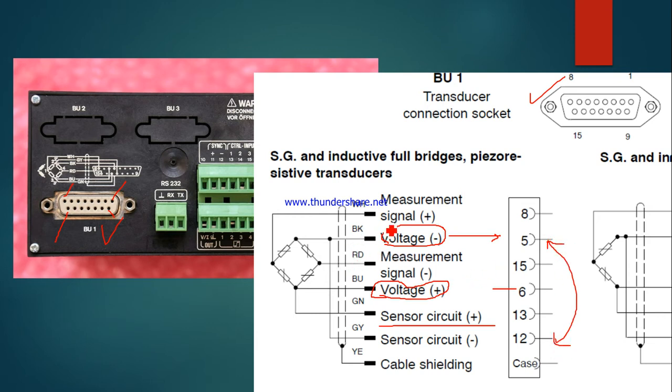And the output, you see the measurement signal, this will be in millivolt. The positive will go to pin number 8, and the measurement signal negative will go to pin number 15. So basically these 6 pins are to be connected. We are considering this is the full bridge configuration for strain gauge or load cell application.